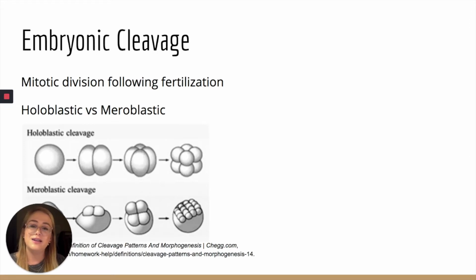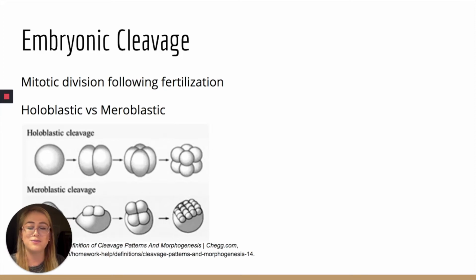As you can tell from the name, holoblastic has the word whole in it. That means that the zygote that is now fertilized is going to undergo cleavage in a whole and complete way. Basically, that initial cell is going to divide into two. It's going to be an even process. That two is going to go into four, and so on, as you can see at the top image here.